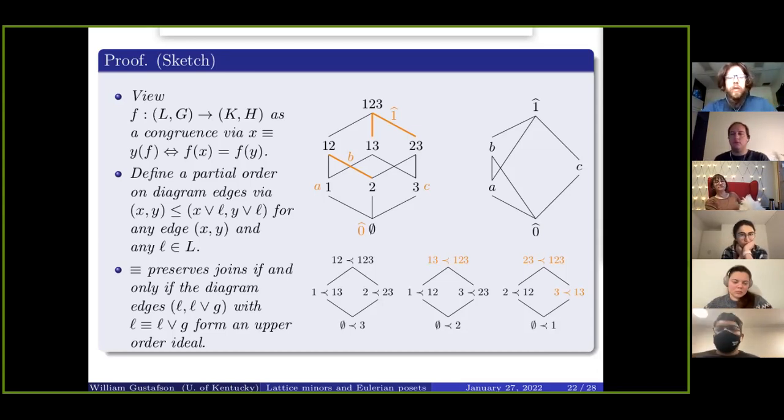And to get the order of those identifications right, we look in this poset on the diagram edges, where we go up in the poset by joining an edge with a third element. On the bottom, I've got a depiction of the edge poset for the Boolean algebra.